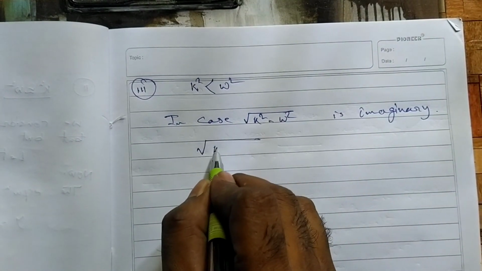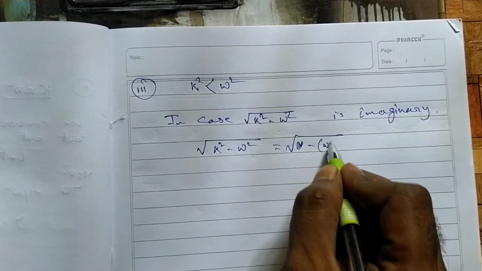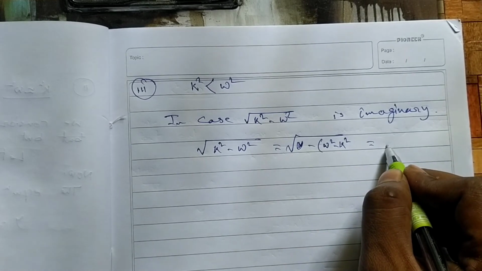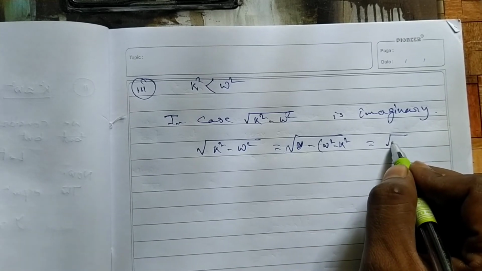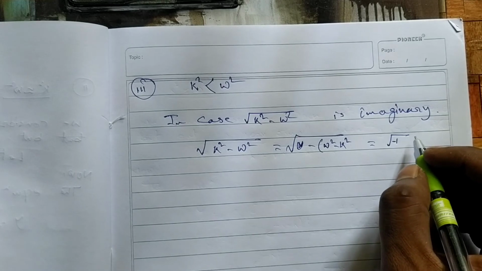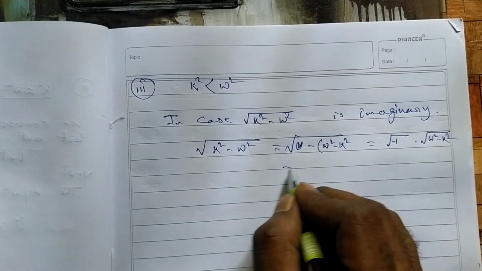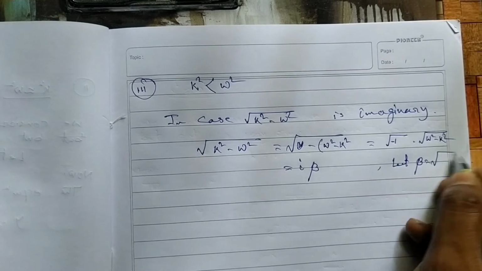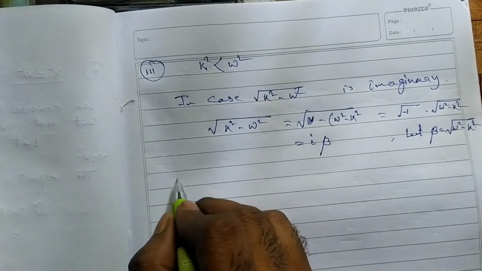So we can conclude that root under k square minus omega square is equal to minus root under minus 1 into root under omega square minus k square. So we can rewrite it as i beta, where beta is equal to root under omega square minus k square. Now we put this in the solution.